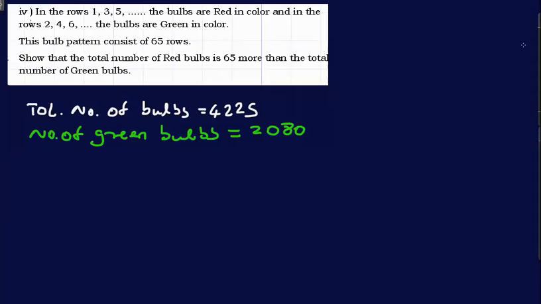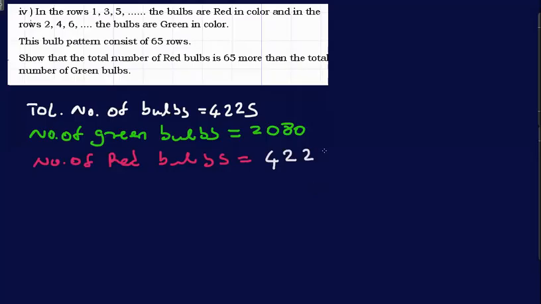All right, so what's next to be done? Now we know the total number of bulbs, and we also know the number of green bulbs. We have to find the number of red bulbs. How would we figure that out? The total is 4,225 and green is 2,080.